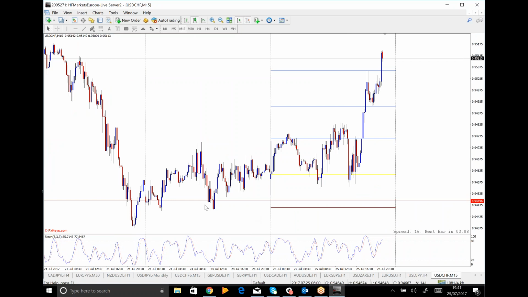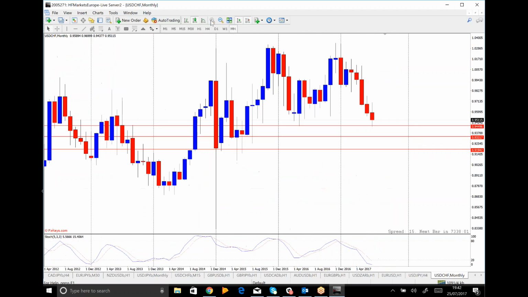If we drop straight down to the 15-minute, you can see how violently price reacted from that monthly. Just that kiss of this zone created on the monthly made the market react. That's all we need on the 15-minute charts to make profit.